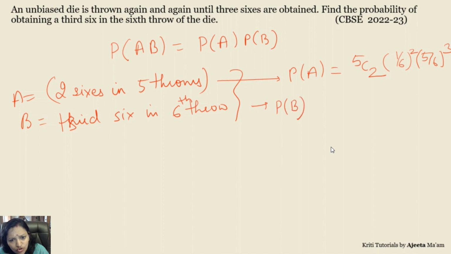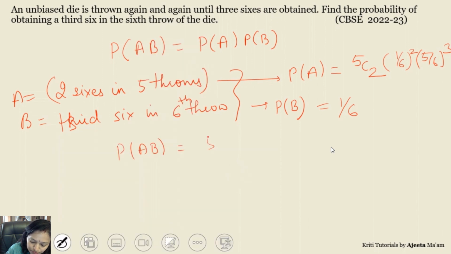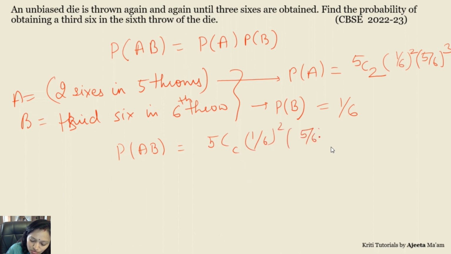You are just throwing a die one time and you have to get a 6. So the probability of getting a 6 is 1 by 6. So our final answer will be the product of these two. So the probability of A and B will be 5C2, 1 by 6 raised to 2 and 5 by 6 raised to 3, into 1 by 6.